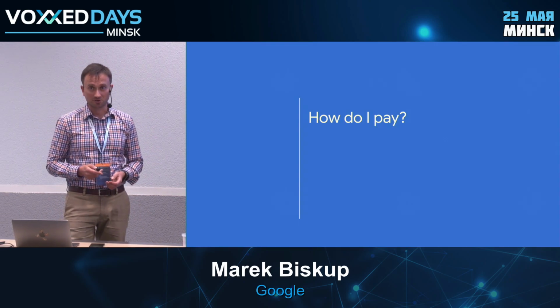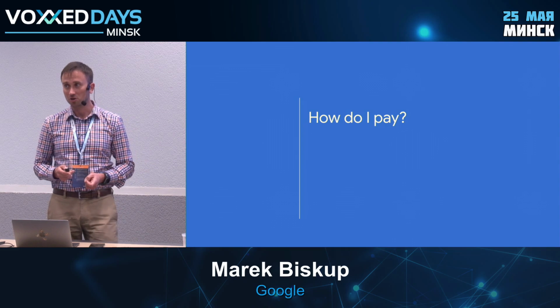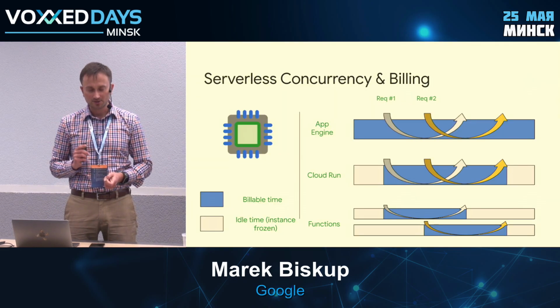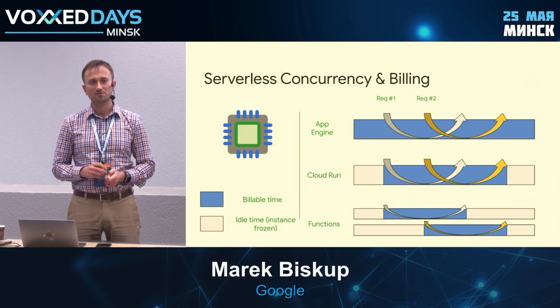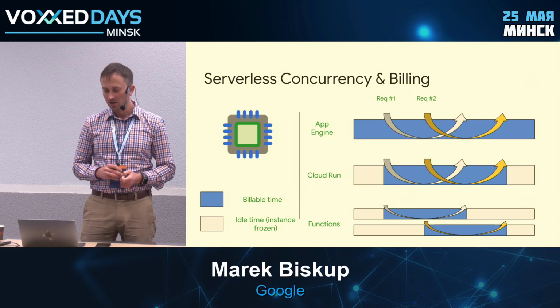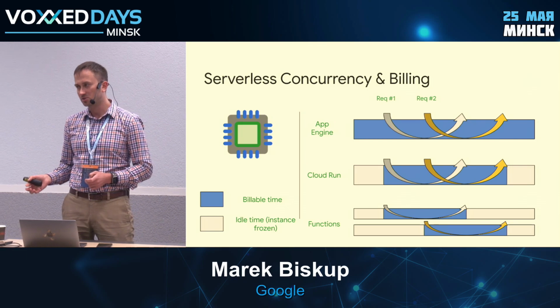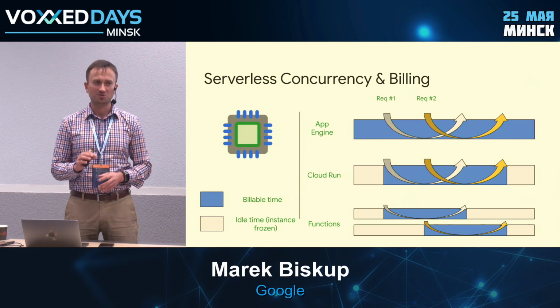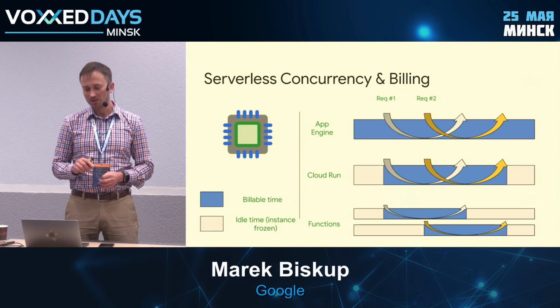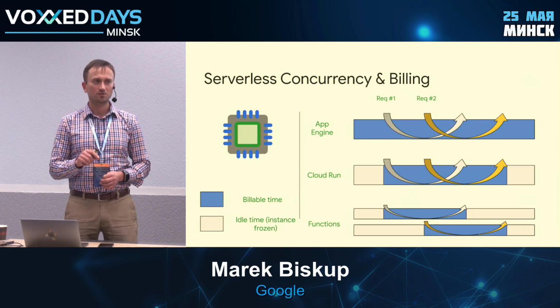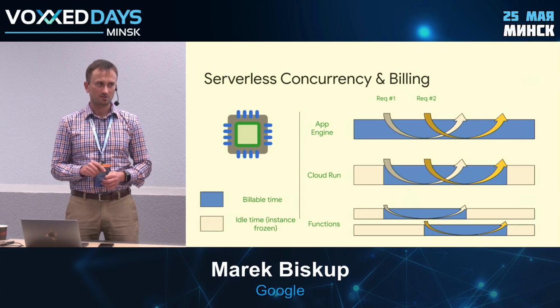How do you pay for executions of your code? It depends. Every service has a slightly different billing model. Google App Engine is the oldest one, and actually it's a little bit visible in the pricing. In App Engine, you will pay whenever the instance is running.